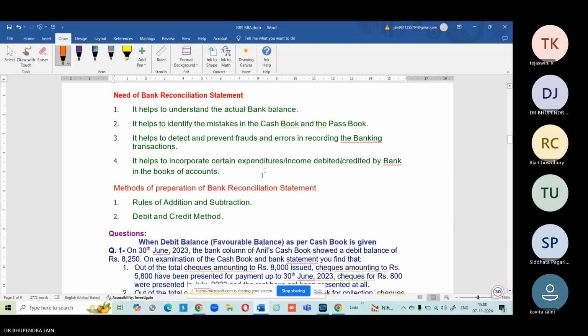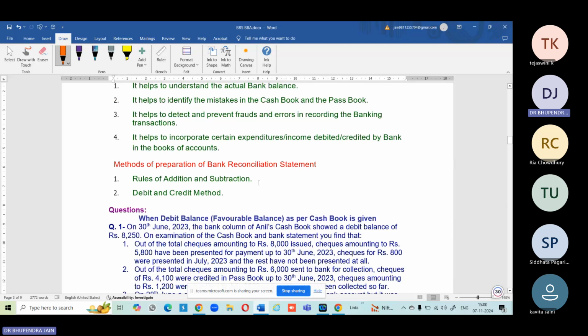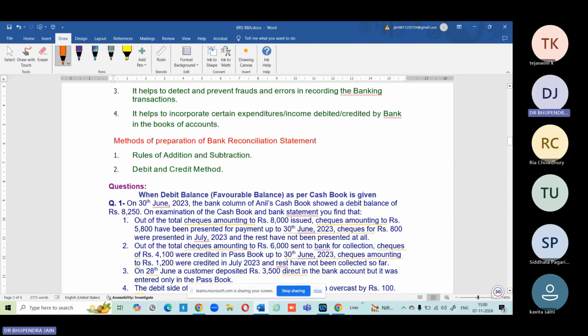Okay. Now, the method of preparation of the bank reconciliation statement. Number first, rules of addition or subtraction, or number second, rule of debit or credit. Both are the same. Addition means debit, and subtraction means credit.